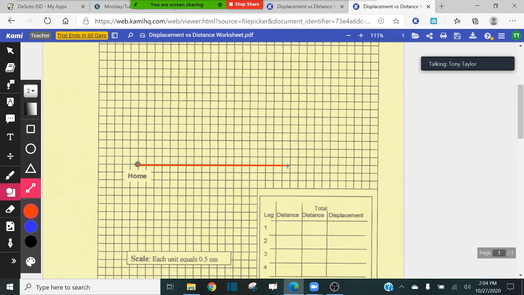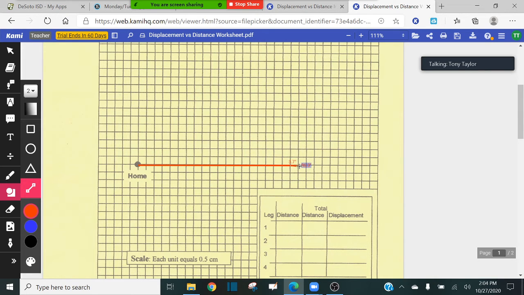Huh? Looks like I'm short one. That's weird. Let me count this one more time, just to make sure. 1, 2, 3, up to 20. Yeah, I'm short one.